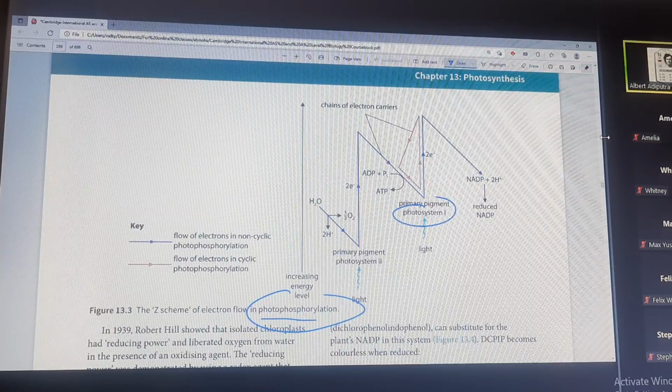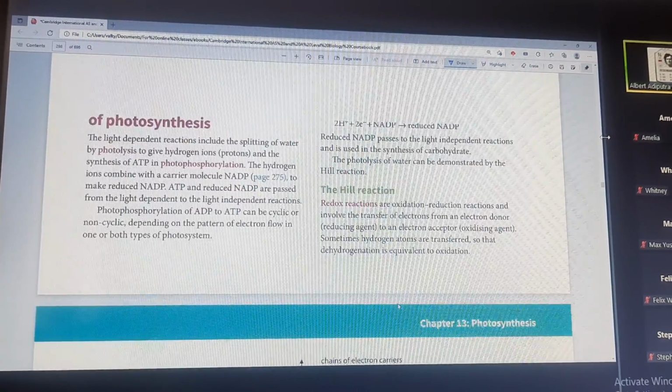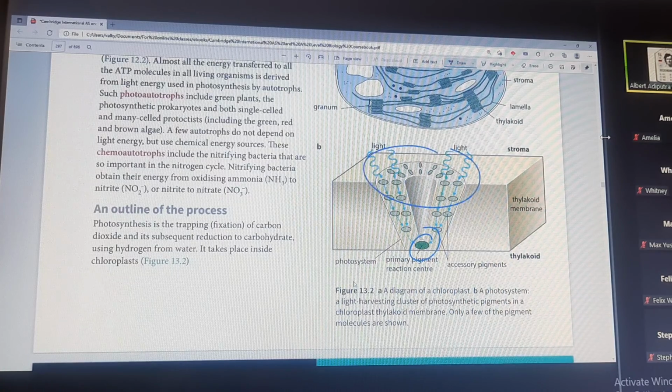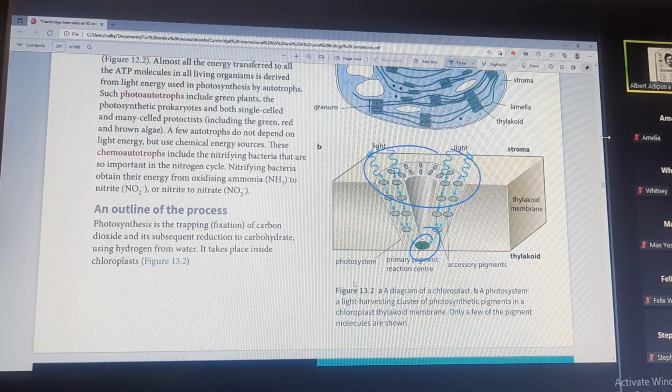Don't forget the reaction center. That is the primary pigment sitting at the bottom of the photosystem, receiving all the energy gathered by all other pigment molecules. It happens the same way.